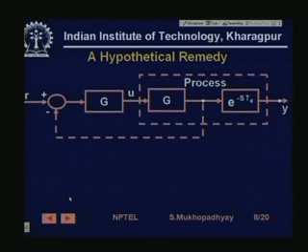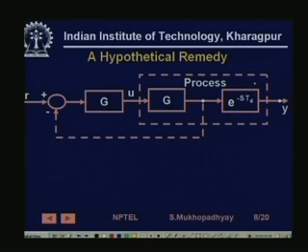It would have been very nice if, this delay is anyway not possible to remove as such, but if somehow we could take the feedback of the process from this point, this is GC by the way, then at least from the stability point of view, the effect of delay I could neutralize, apart from the fact that in the response there will be a delay.